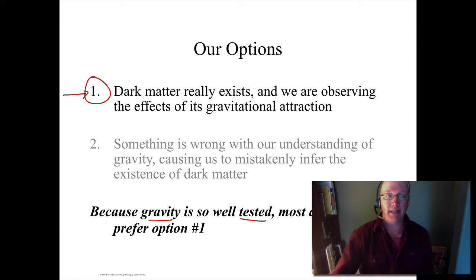And there's a second reason why we lean towards one: we can build telescopes and detectors here on Earth to measure dark matter particles. We come up with theories for what they could be, predict what experiments could be done, and then we look for them that way. Whereas if something's wrong with gravity, we have to have theorists working on that, and we do.